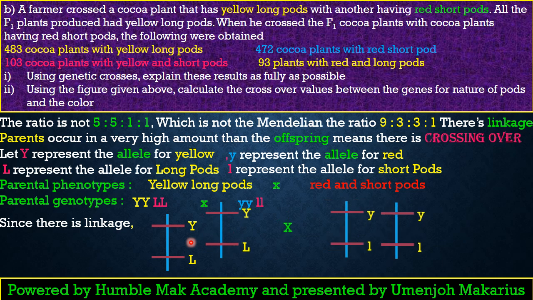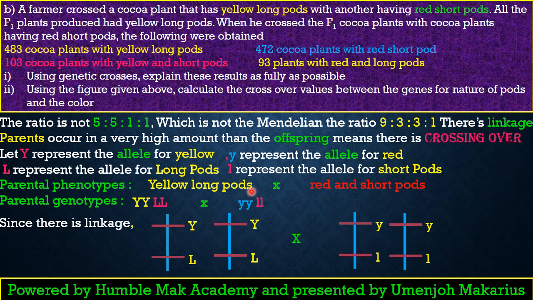We do the same for the other one, capital Y again, then capital L. Then we do the same with small y, small l, small y, small l. So, guys, this is how we represent genes that are linked. In this case, there is linkage.